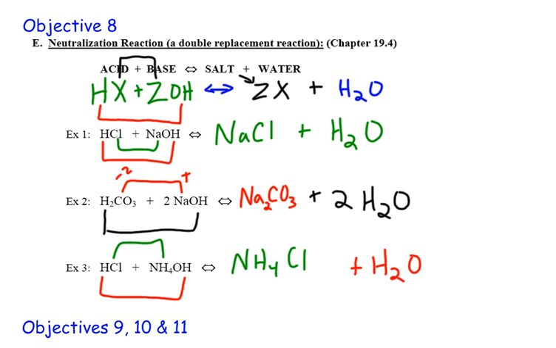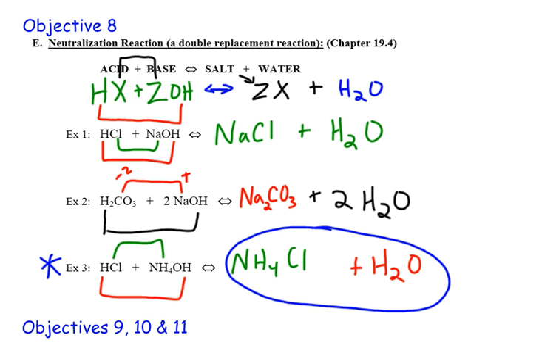So in a neutralization reaction, the acid and the base will produce a salt and a water. If you were to make the reaction in example number 3 take place, you would end up with a saltwater solution of ammonium chloride and water. If you allowed the water to evaporate, the salt that would be left behind is the NH4Cl, and you will see questions like that coming down the pike at you.